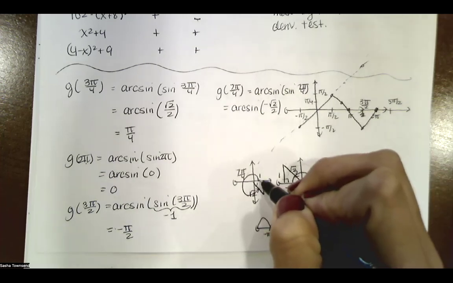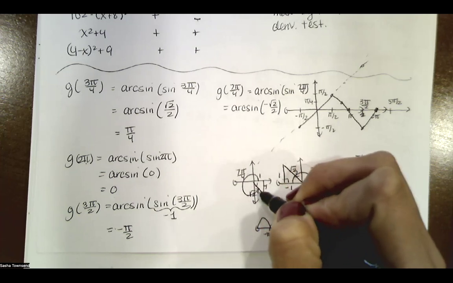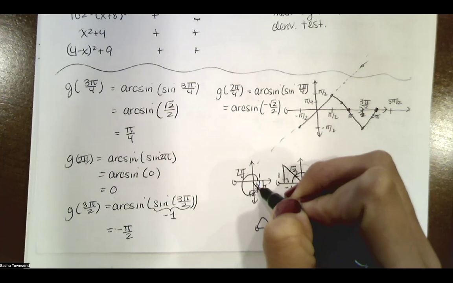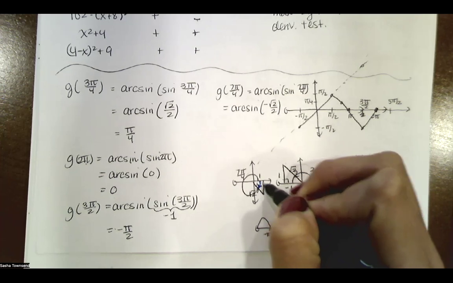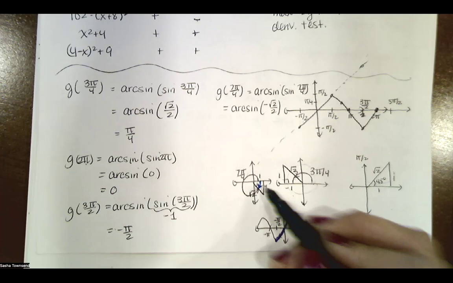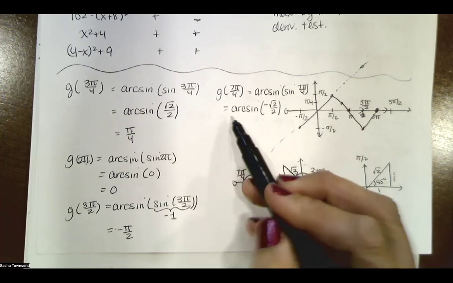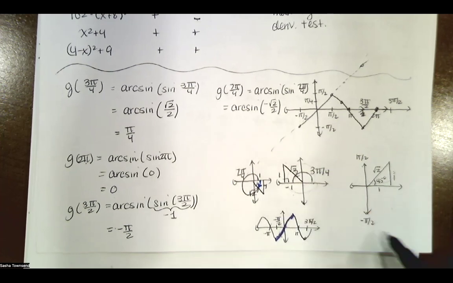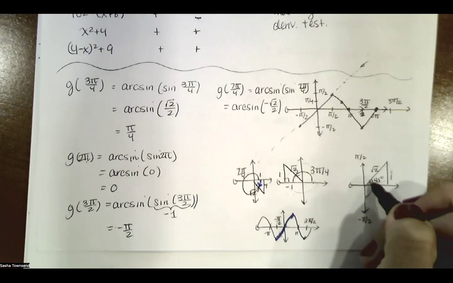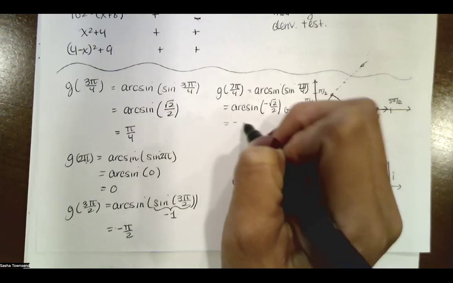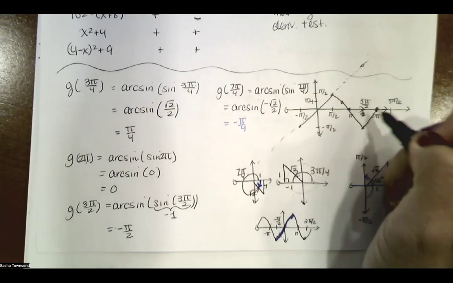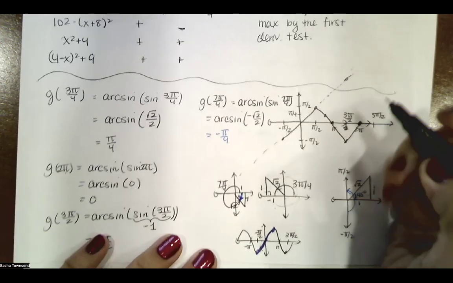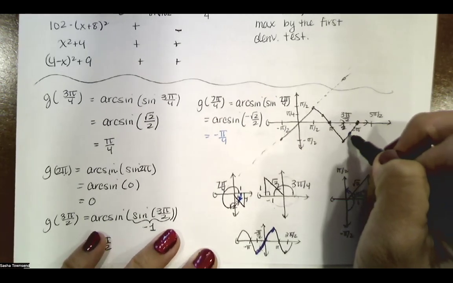Instead of going from the positive x-axis and going 7 pi over 4 radians in this direction, I went negative pi over 4 radians in this direction. And that is actually the value that we would get, because our arc sine function always returns angles between negative pi over 2 and pi over 2.